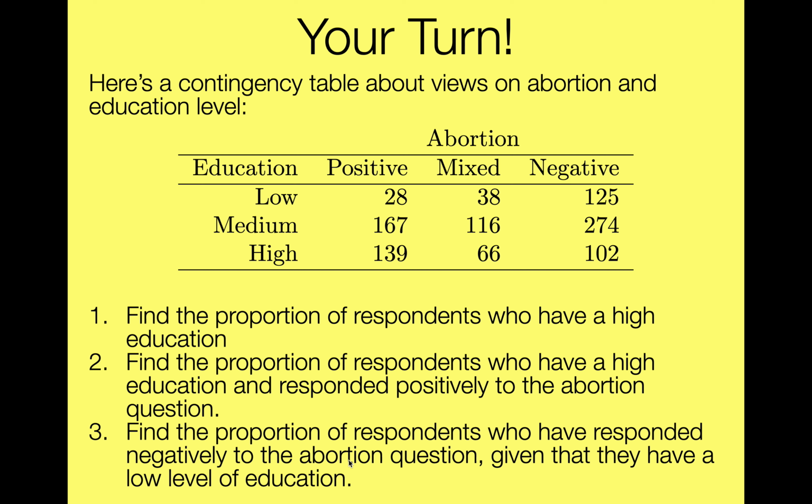It wasn't support abortion in general. It was support abortion in some case, or maybe you can think of it as the right to choose. But I just called it abortion. So some sort of view on abortion and educational level.